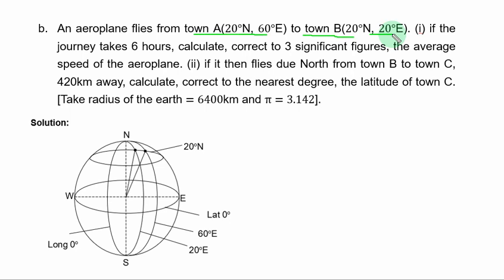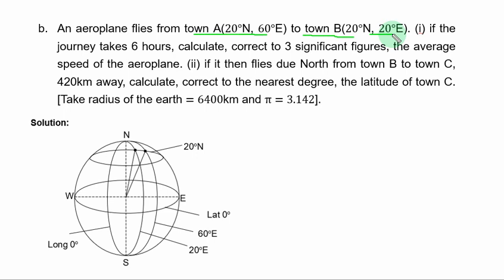If the journey takes 6 hours, calculate correct to 3 SF the average speed of the aeroplane. Roman figure 2. If it then flies due north from B to C, 420 kilometers away, calculate correct to the nearest degree the latitude of town C.